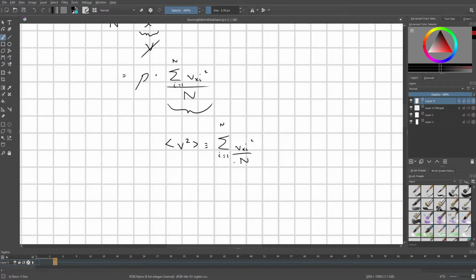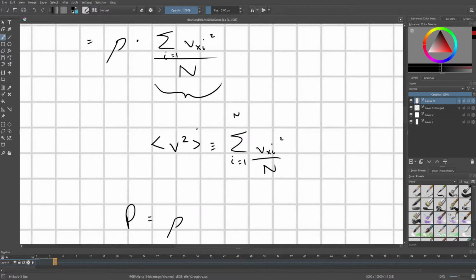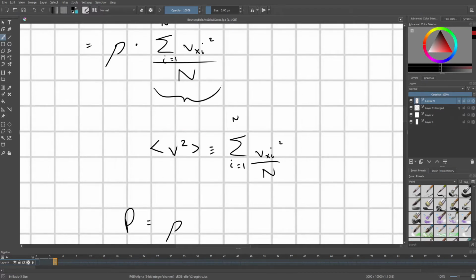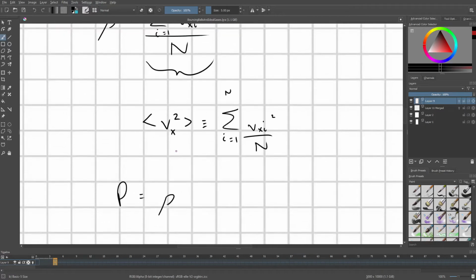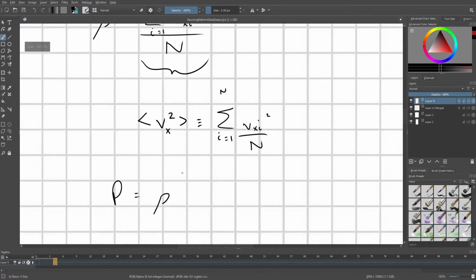So really, our pressure equals rho. Oh, and actually, let's be very clear about this. This is the mean square for our x velocities. We only have x directional velocities right now, so it would be rho times the mean of vx squared, just like this.